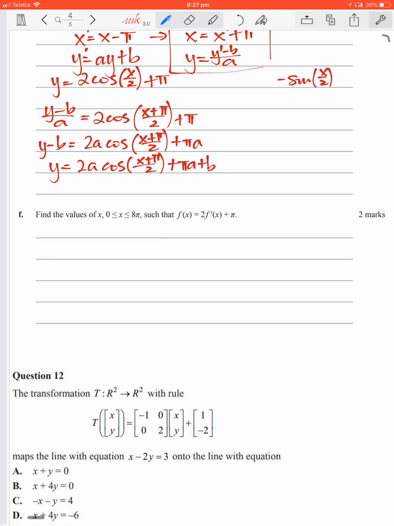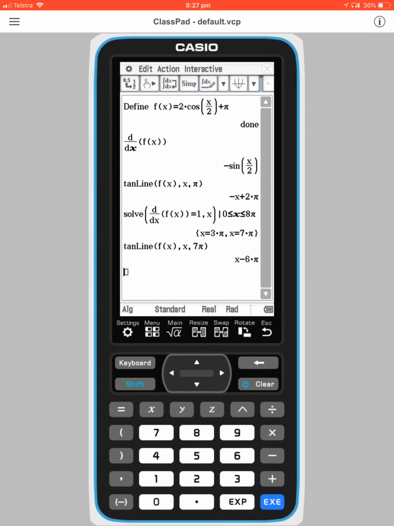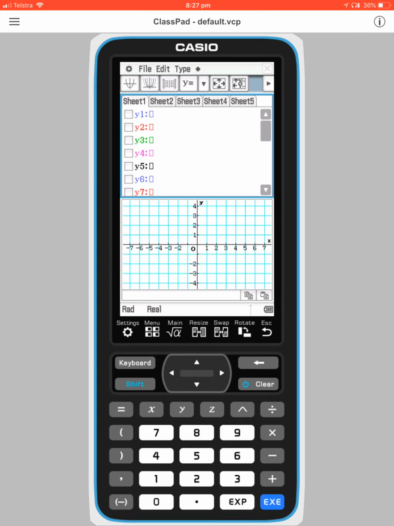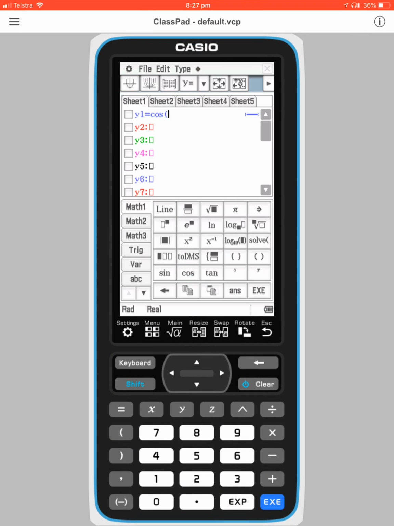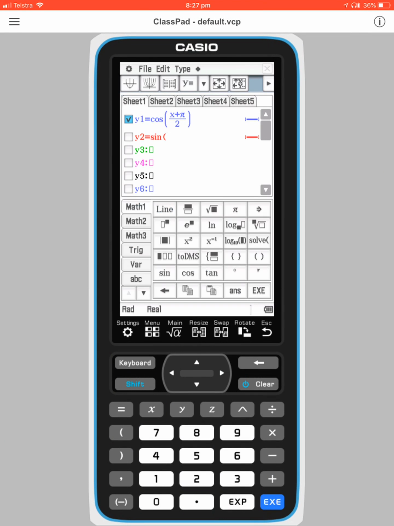Okay, so somehow that has to be the same as that graph. Now there's got to be a relationship between cos of (x plus pi) on 2 and sine of x on 2. So let's see. What was it? Cos of (x plus pi) divided by 2 and sine of x divided by 2.